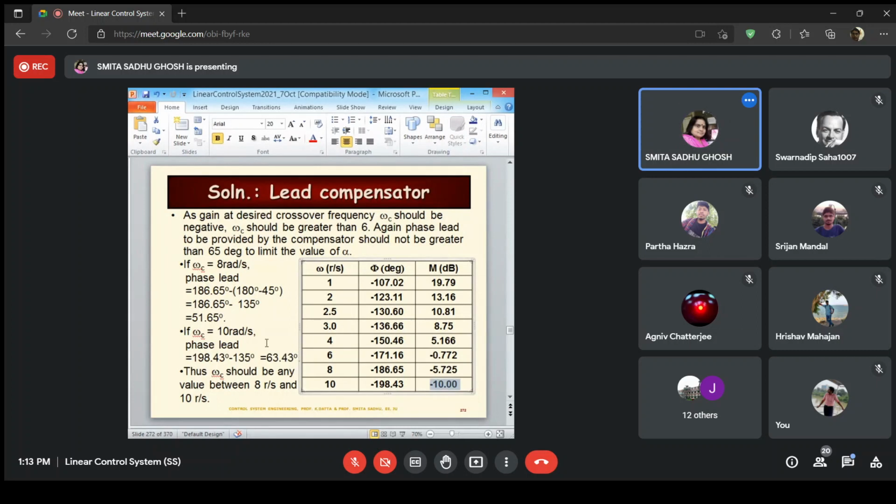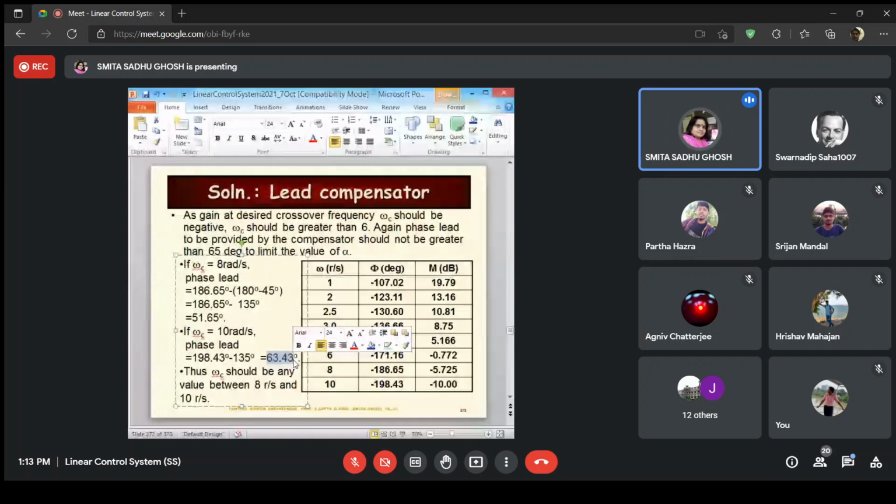So basically this is also obtainable, but just a borderline case. You would recollect that we said 63, 64 is the maximum amount of phase lead that we could ask for from a compensator. Otherwise, numerically you will not be able to obtain a value for a and alpha. It will not be a feasible value if you are choosing unrealistic values.